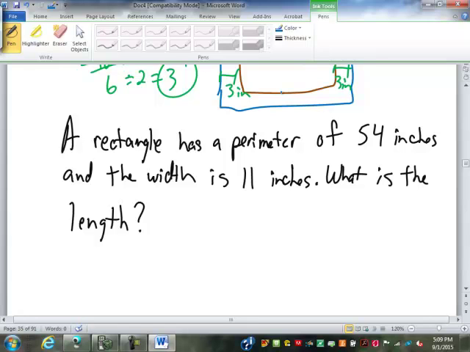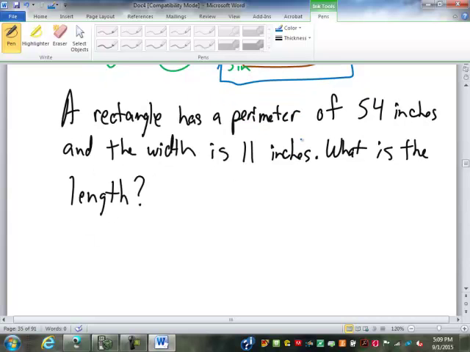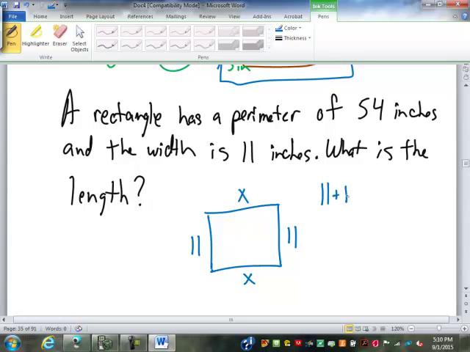Well, this one, if you think about it, how do you find the perimeter of a rectangle? You're going to add them all up. We know that there's 11 inches here and 11 here. We're looking for that one. But we know they add up. 11 plus 11 plus x has to add up to 54.